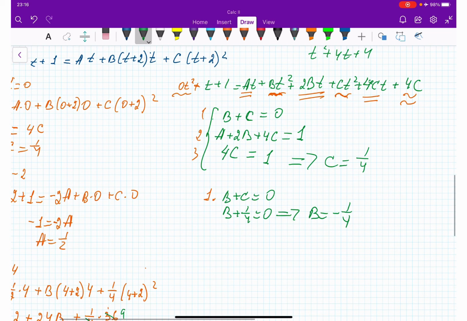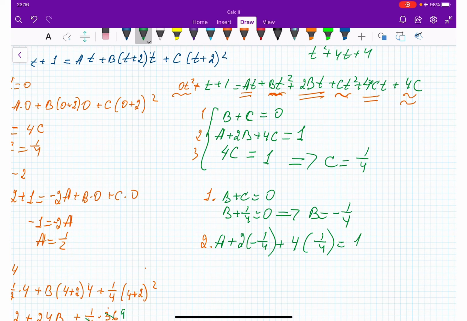Okay, so next we have left to find a. To find a, I'm going to plug into the second one, which is a plus 2 times b. b is negative 1/4. And then plus 4 times c, which is 4 times 1/4.